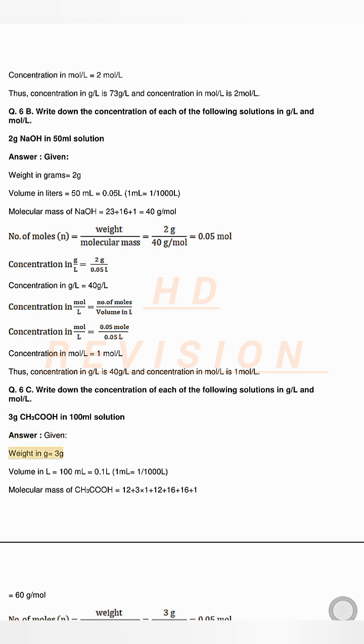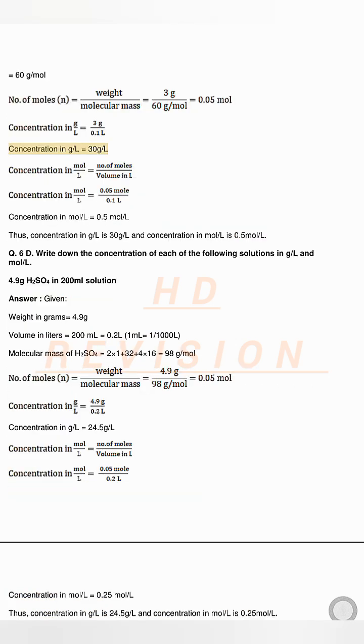Weight in grams equals 3 grams. Volume in liters equals 100 milliliters equals 0.1 L. Molecular mass of CH3COOH equals 12 plus 3 times 1 plus 12 plus 16 plus 16 plus 1 equals 60 grams per mole. Concentration in gram per liter equals 30 grams per liter.